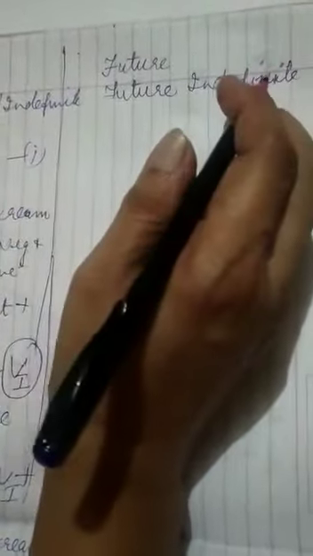Now, simple future, or you can say future indefinite. Very simple. It is the simplest tense. Because we all know that in future tense we always use shall or will.